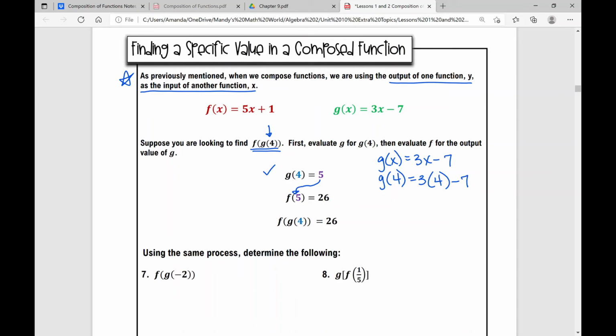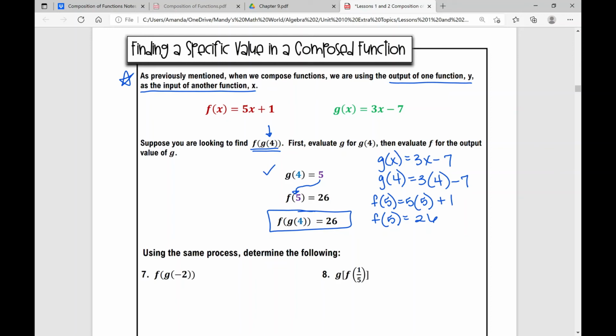So now we're looking for f of 5. F of 5 is 5 times 5 plus 1, which is 25 plus 1. F of 5 is 26, which means f of g of 4 equals 26.